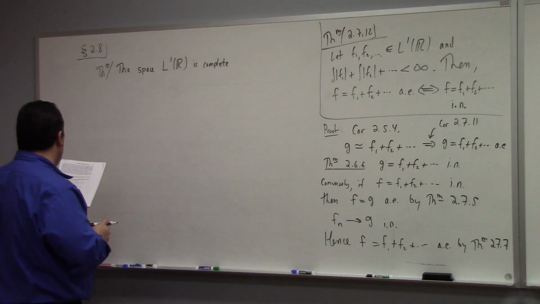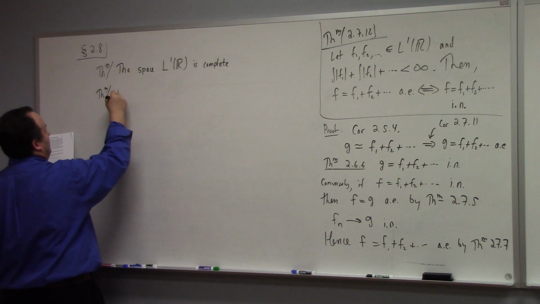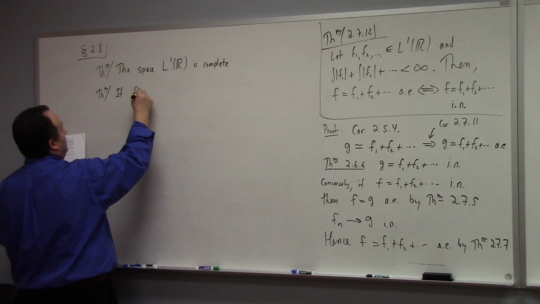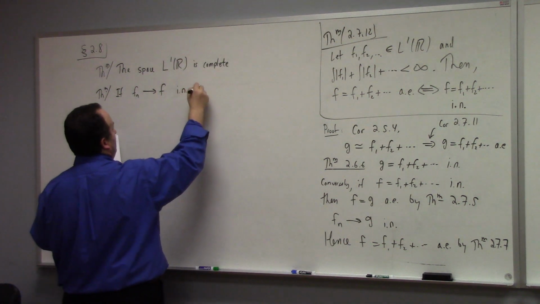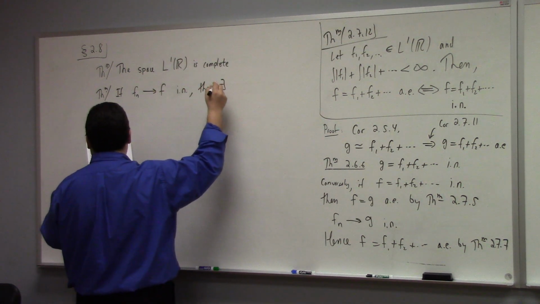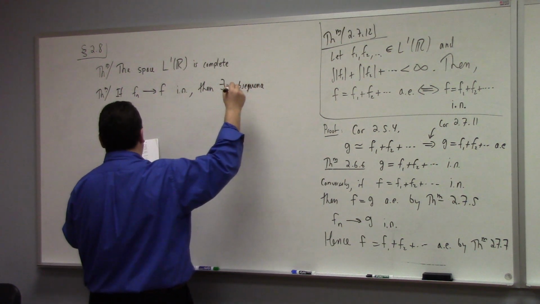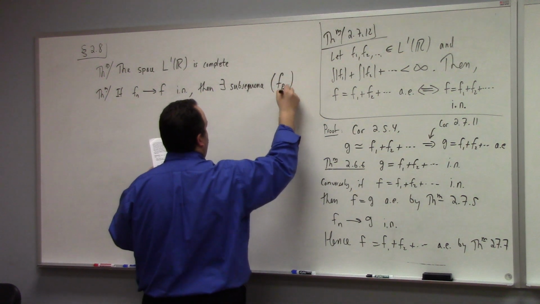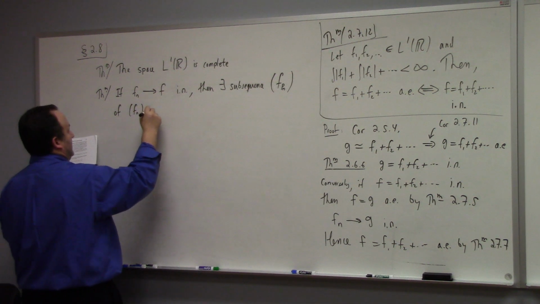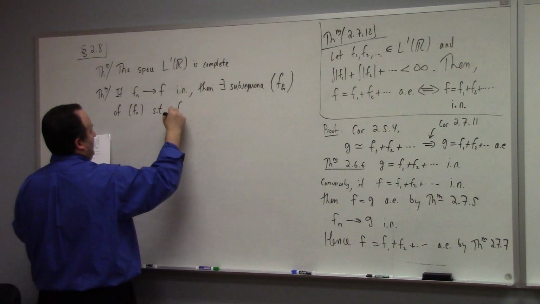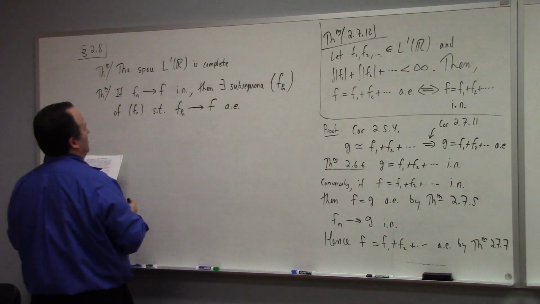Next theorem in the section is this: if Fn converges to F in norm, then there exists a subsequence Fpn of Fn such that Fpn converges to F almost everywhere.